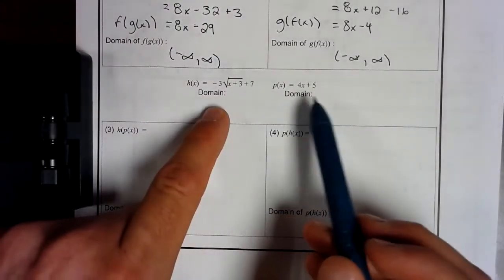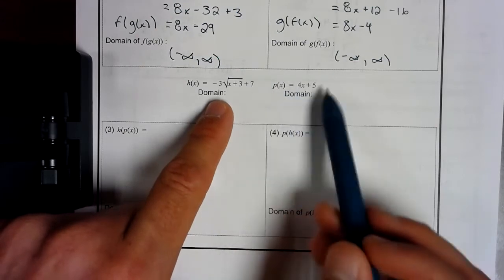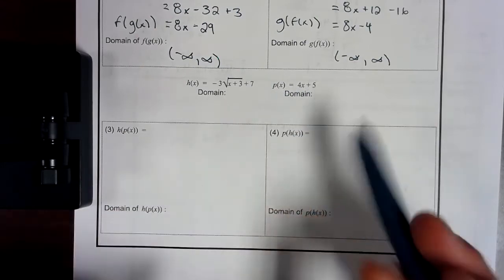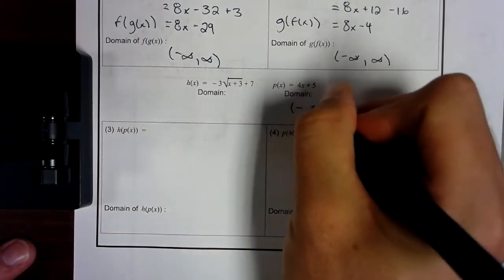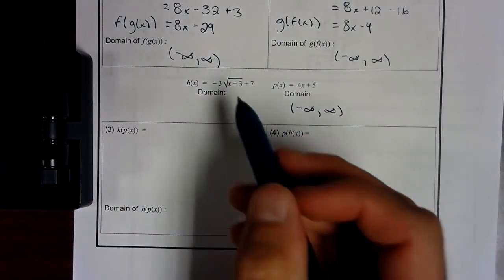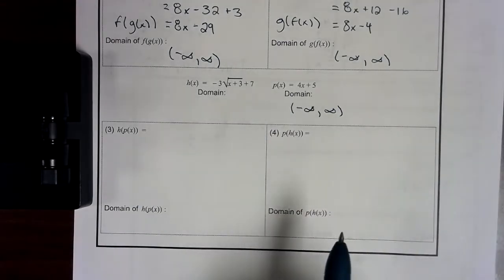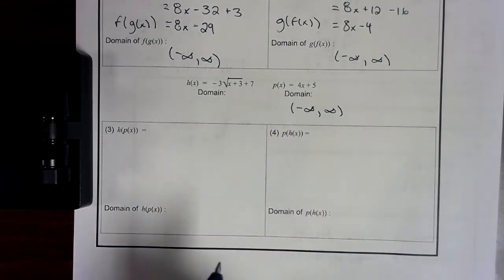All right, so we need to start by thinking about the domains here. Let's do the easy one, which is p of x. I recognize that equation as being linear. I know that the domain of every linear function is negative infinity to positive infinity. Now with this function, that is a square root. And one thing we talked about in class is that square roots cannot equal negative numbers.